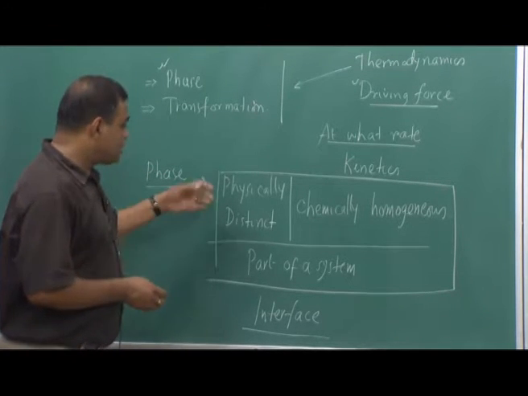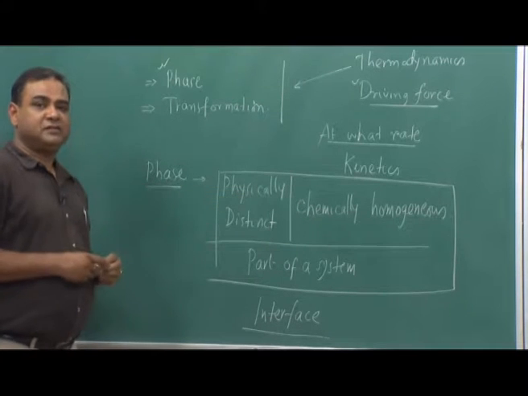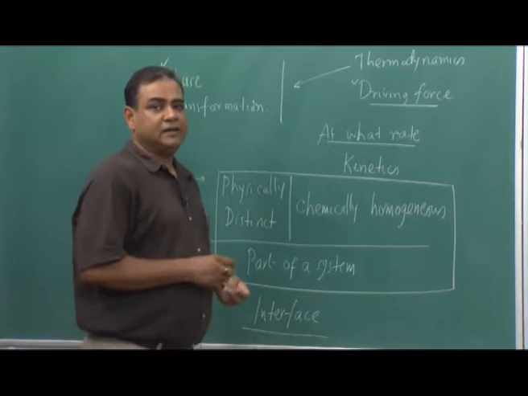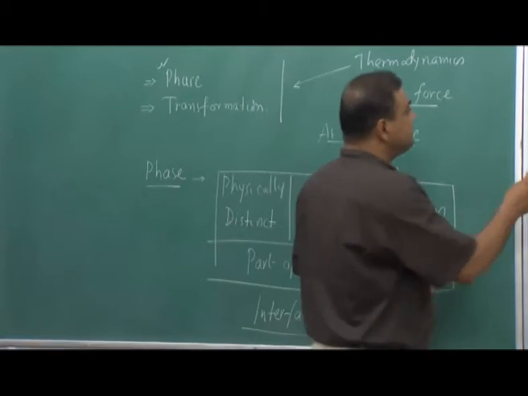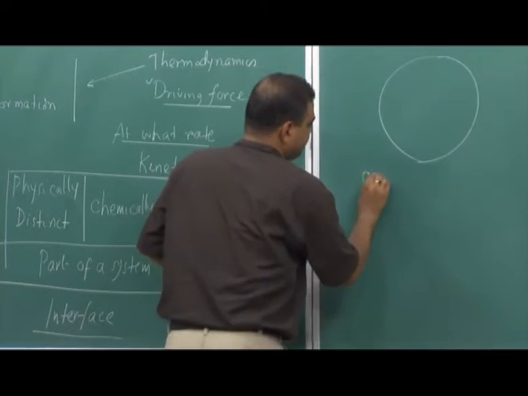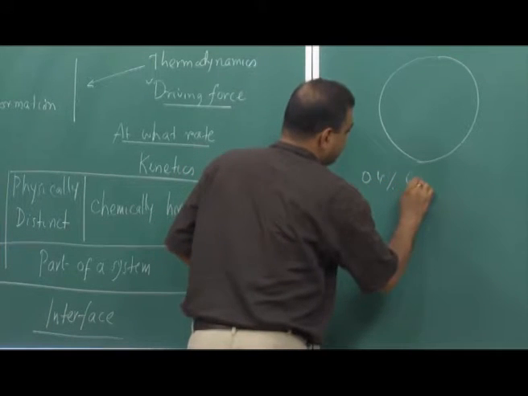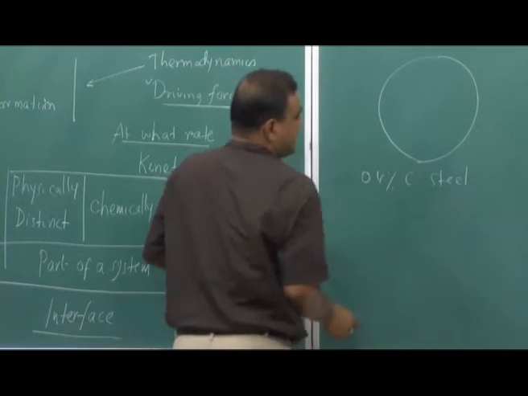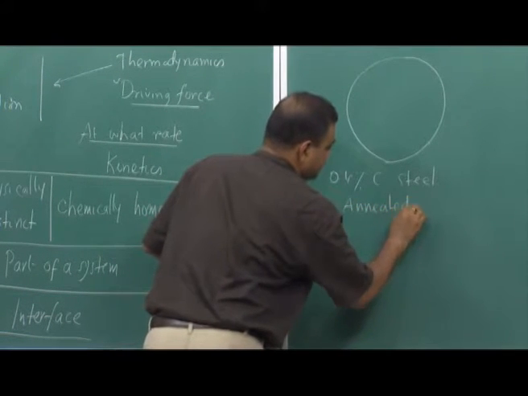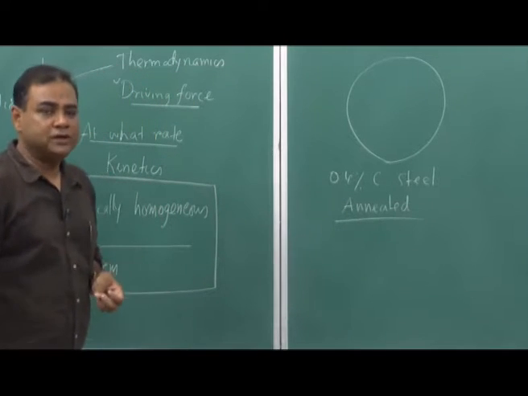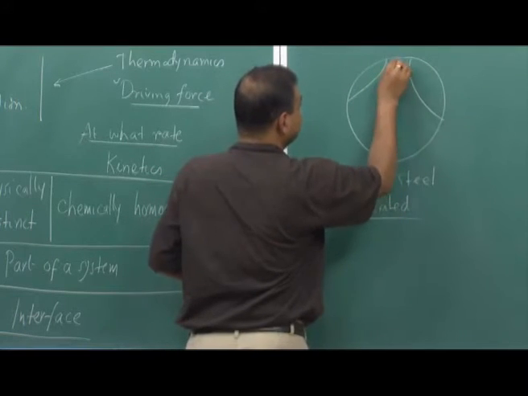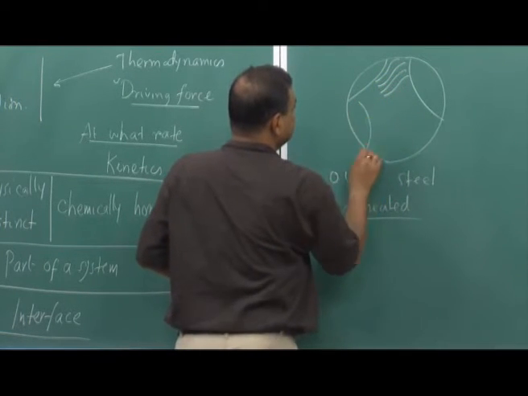In order to appreciate this definition, let us take a small example, like a steel. In the steel, if we see a 0.4% carbon steel, and if it is a completely annealed structure, meaning it is furnace cooled, then the structure would look like this: there would be grains, and at the same time there would be perlites.